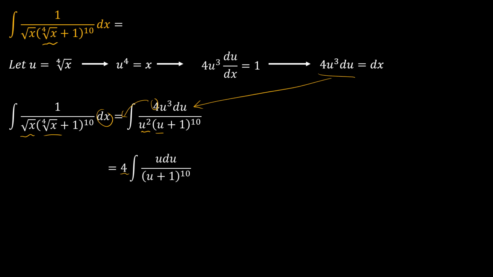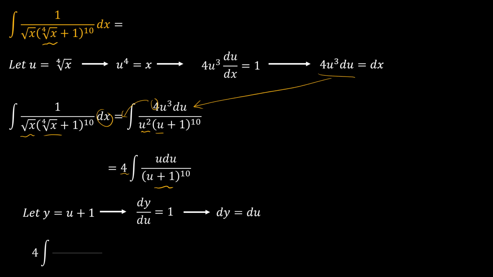Now this plus 1 is a little bit yucky in the denominator, so I'll go ahead and do a substitution. I'll say let y be equal to u plus 1, and that means that dy/du is equal to 1, and therefore you could substitute for du with just dy. And that quickly tells us that our u becomes y minus 1, so we've just plugged y minus 1 in place of u.